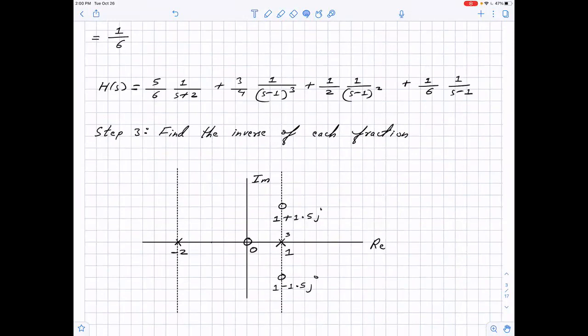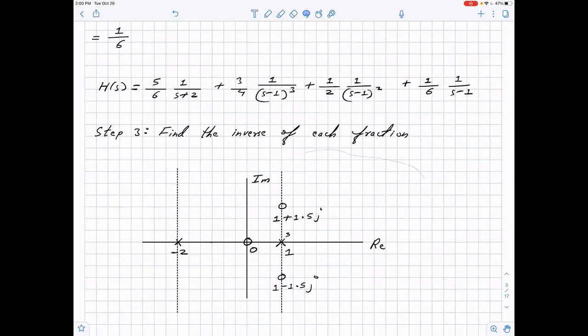So first of all, we have to find the ROC of the overall H(s). If the system is stable, then we have only one choice for the ROC of H(s). We cannot consider this ROC to the left of the -2 pole, because that would not include the imaginary axis. To make the system stable, we have to include the imaginary axis in the ROC.